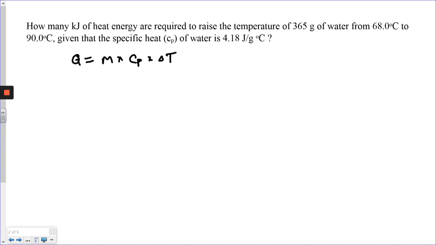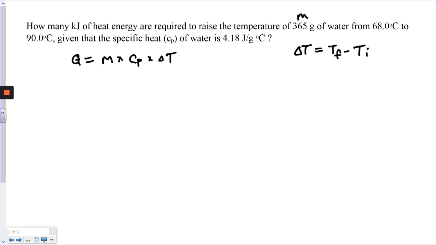So if we plug the numbers into our formula, Q is heat energy, M is mass, so here we have our mass. The specific heat of water is given to us right here. And then the change in temperature. Well, the change in temperature went from 68 degrees to 90 degrees. And delta T is always equal to temperature final minus temperature initial.